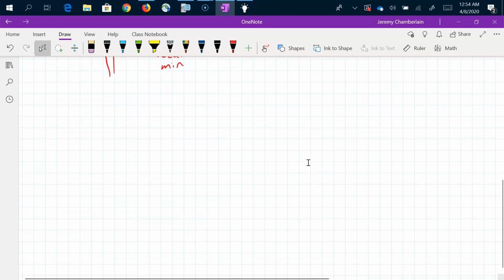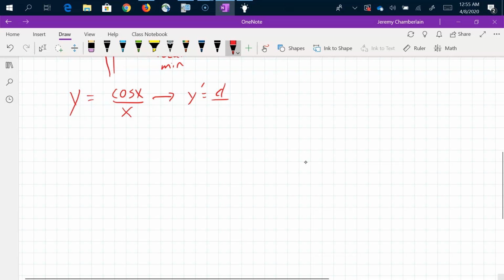So y equals cosine x over x. And so I'll differentiate this. I'm going to call the numerator f and the denominator g.